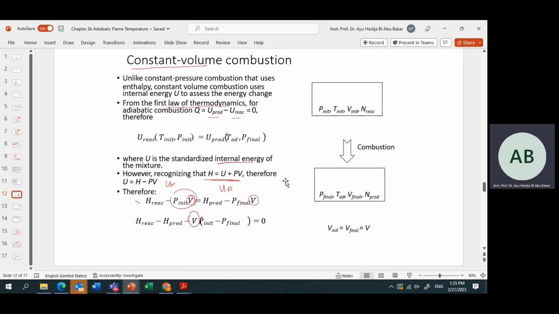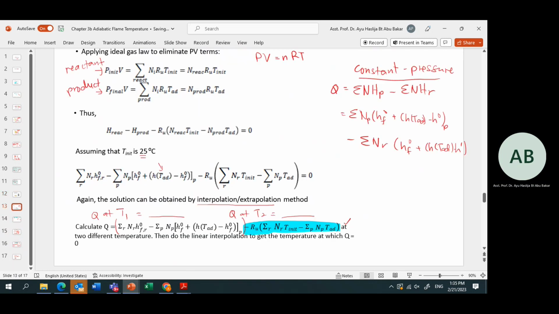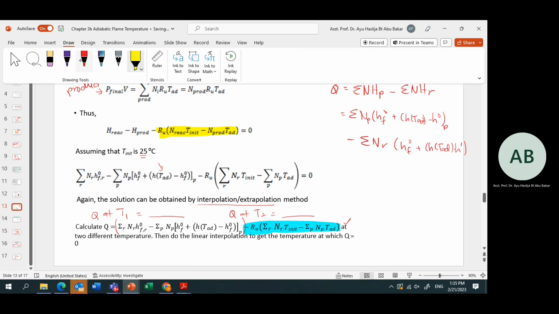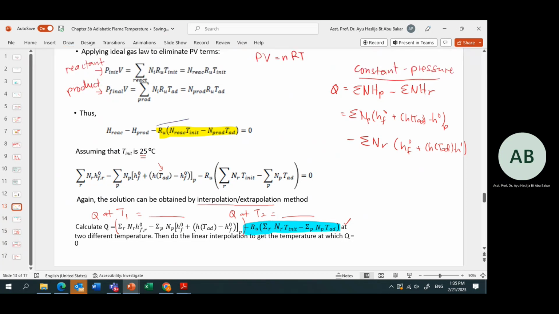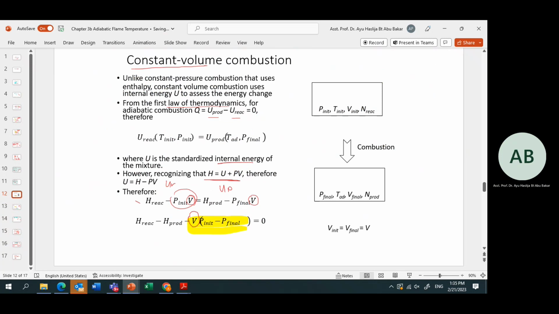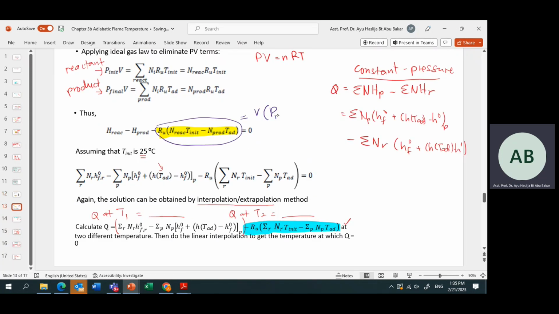Okay, for the P just now, for the constant volume, from this slide, this part is the one that equals to this one. Right, so here, this part is equal to V times P initial minus P final.